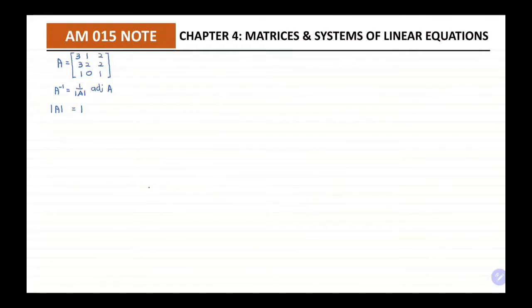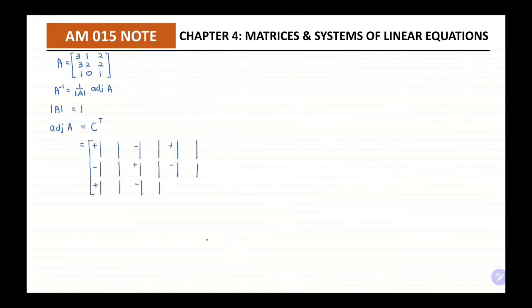Okay, now we continue. We find adjoint A. To find adjoint A is cofactor transpose, CT. Okay, to find CT, we open big bracket. Okay, we put the sign and minor. Then we close every number.